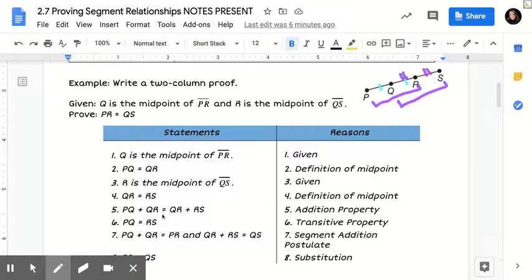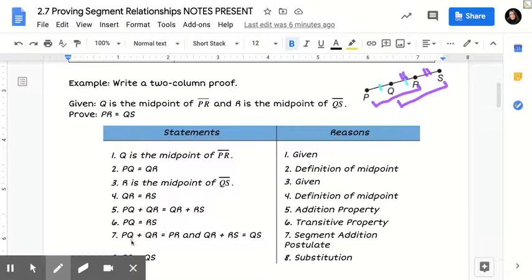Okay, now from that, we could also say PQ is equal to RS. Now this would be a result of using the second statement and the fourth statement and the transitive property. If PQ is equal to QR and QR is equal to RS, then PQ would equal RS. That's what that one says.